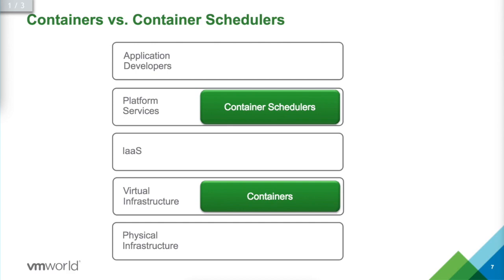Remember, a container is an operating system virtualization technology. Container schedulers operate higher in the stack at the platform services layer. Container schedulers encompass projects or products like Kubernetes and PCF, Pivotal Cloud Foundry. Both are designed to work with containers as the base workload.